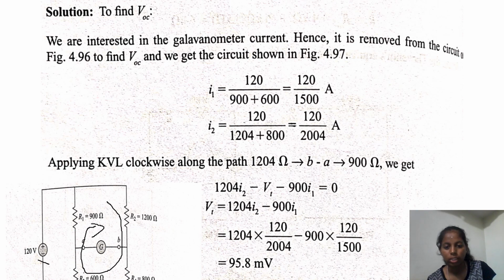VT is equal to 1204 I2 minus 900 I1, which is 1204 into 120 divided by 2004 minus 900 into 120 divided by 1500. Here we have found I1, so substitute this I1 and I2 in the equation. After substituting, we get 95.8 millivolt.